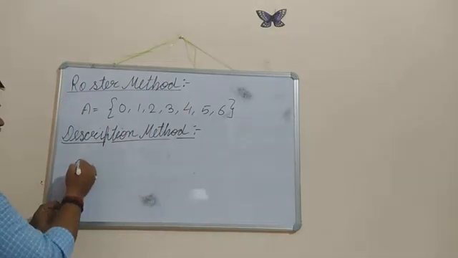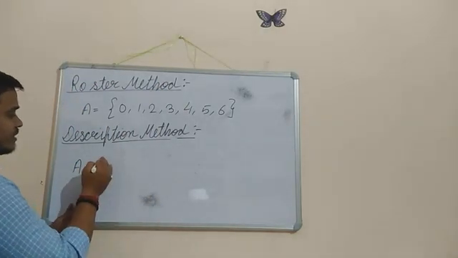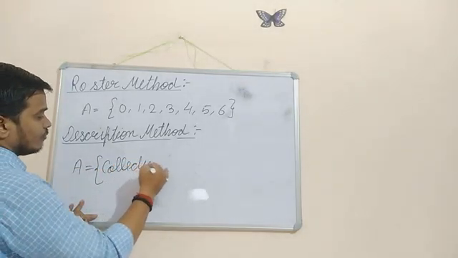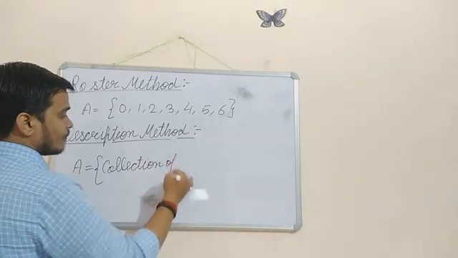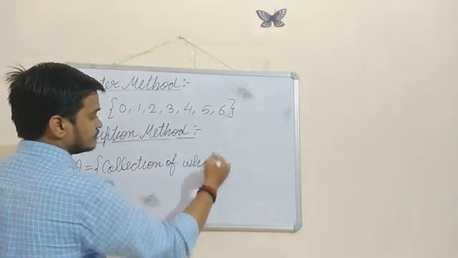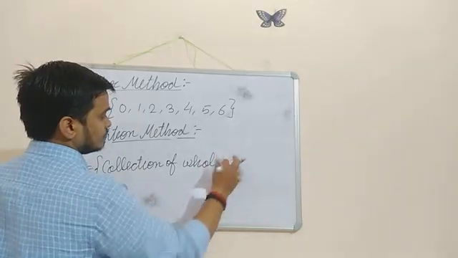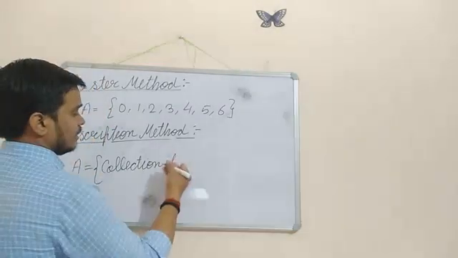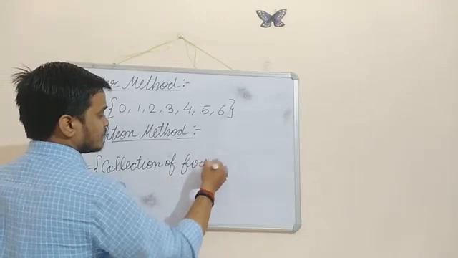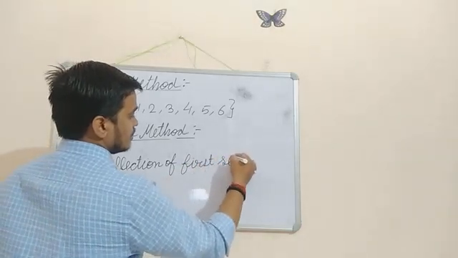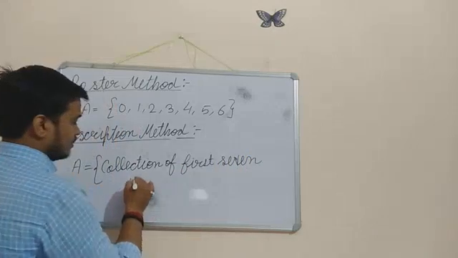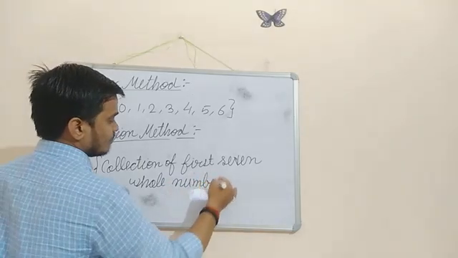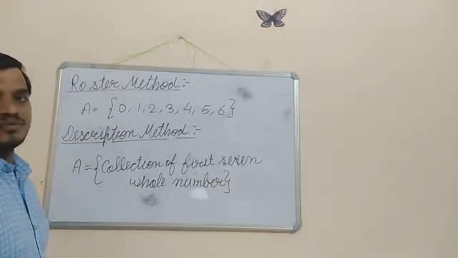You will write it in this form: A is equal to, in curly bracket, collection of whole numbers. Either you can write collection of first 7 whole numbers.